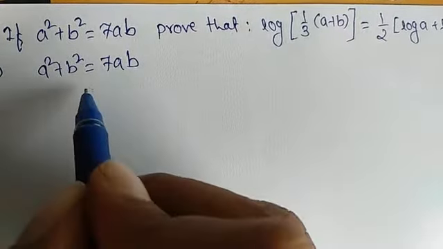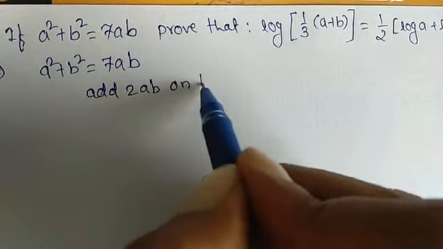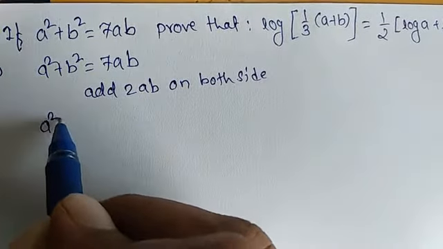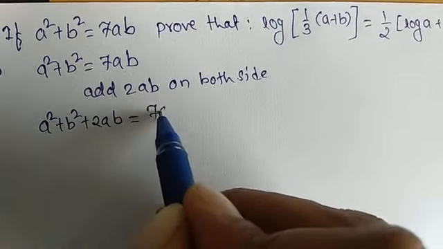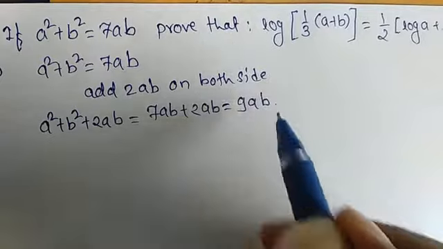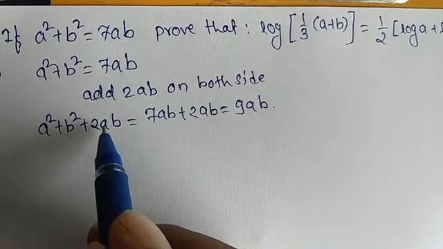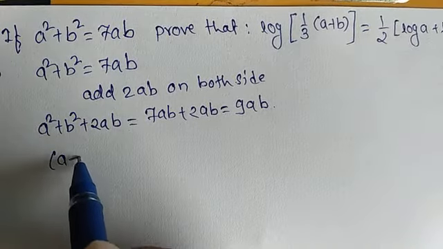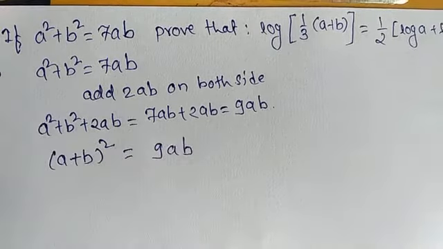Now add twice ab on both sides, so that we get a square plus b square plus twice ab is equal to 7ab plus twice ab, which is equal to 9ab. Now here a square plus b square plus twice ab can be written as (a plus b) bracket square is equal to 9ab.